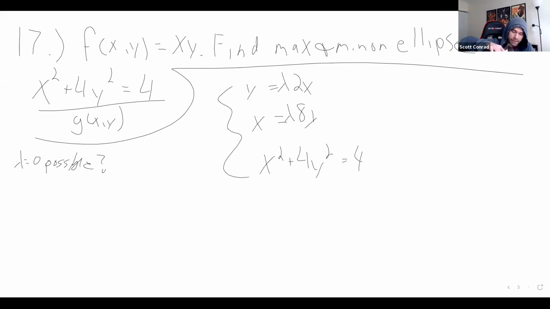I'm glad they threw a problem in here where lambda actually is allowed to be 0. But in this case, it's not. Because if lambda is equal to 0, the equations tell us both x and y have to be 0. And you can't satisfy the constraint with the point 0, 0, right? 0 squared plus 4 times 0 squared is not 4.